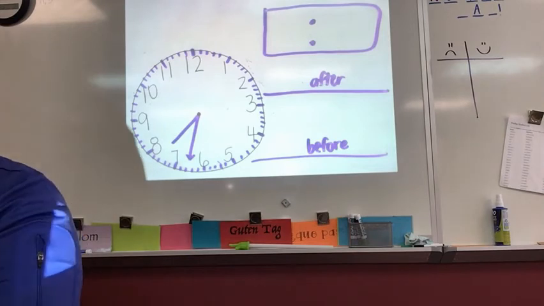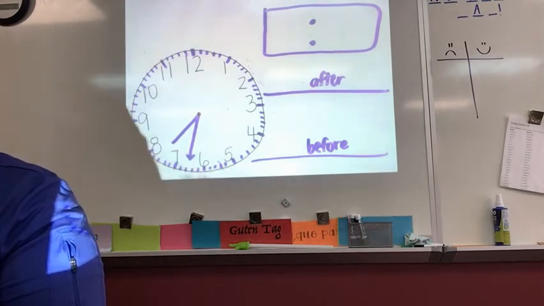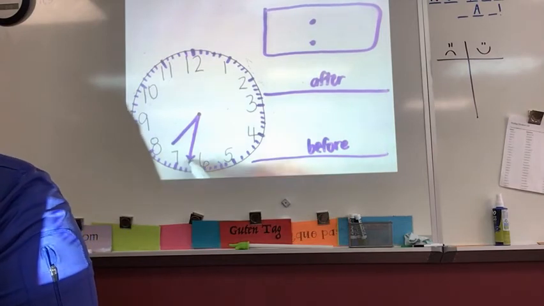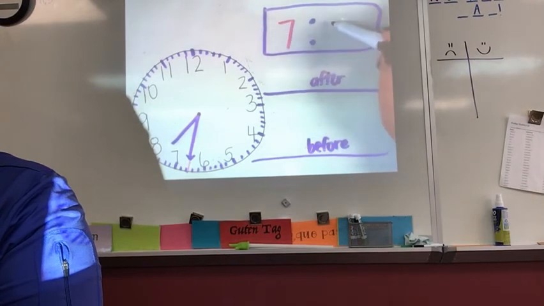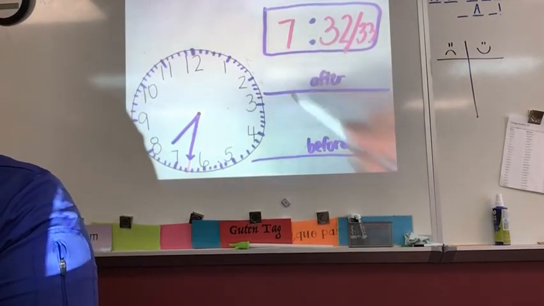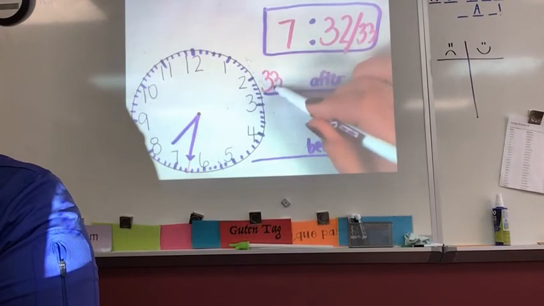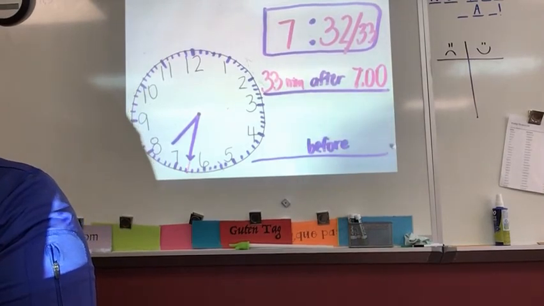All right, ladies, this time on the clock to me looks like 7:30, 31, 32, and that one's really sneaky. I'm gonna call it 7:33. If you said 7:32, I would take either of those. So I'm gonna say that 7:32 or 33, either one works. If you said it's 7:33, you would say 33 minutes after 7, or you could have said 32 minutes after 7.